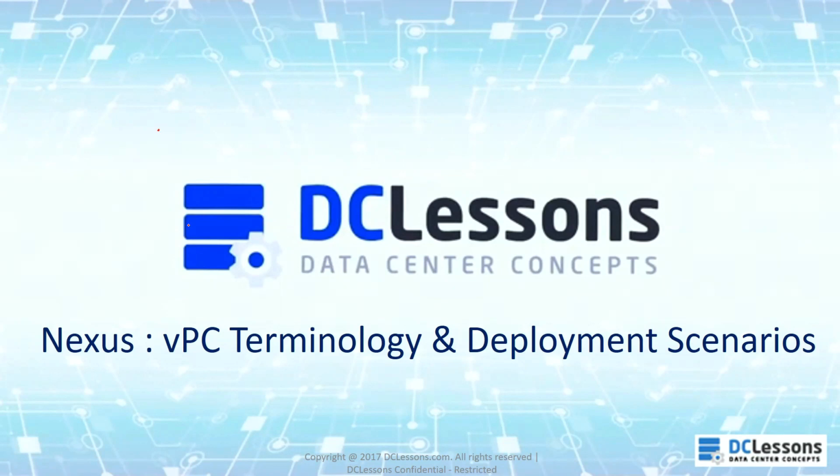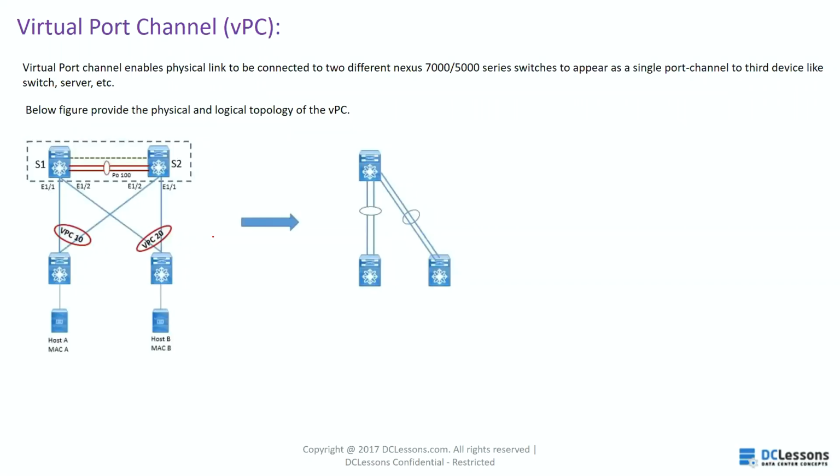Today we are going to learn VPC and its deployment scenarios. So what is a VPC? VPC is a port channel through which we can attach a third device to two different switches, in such a way that the third device sees that it's connected to logically one device.